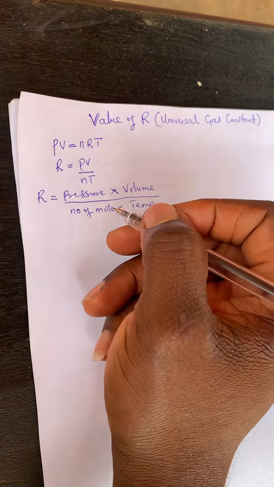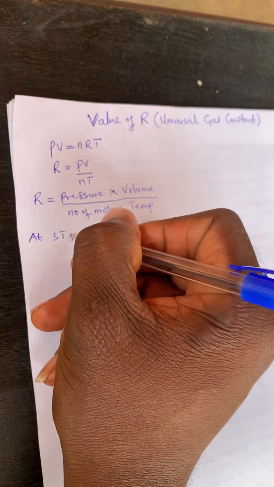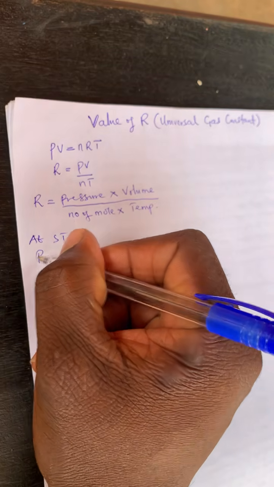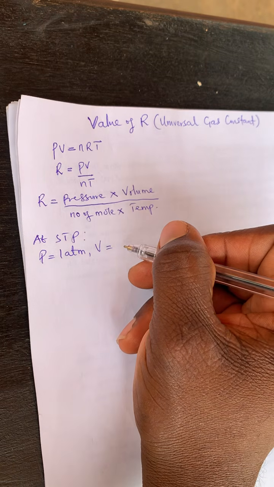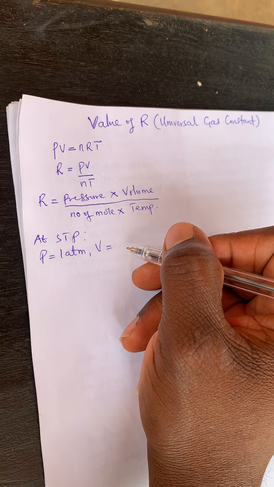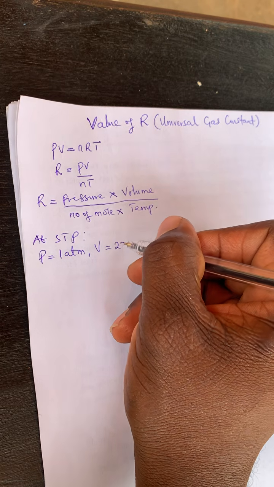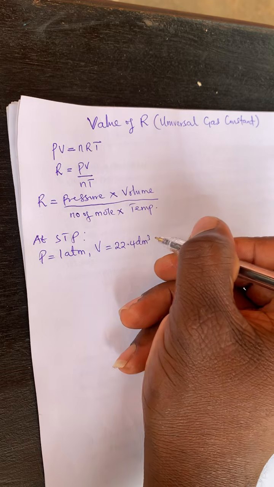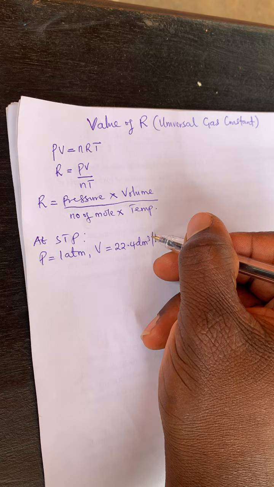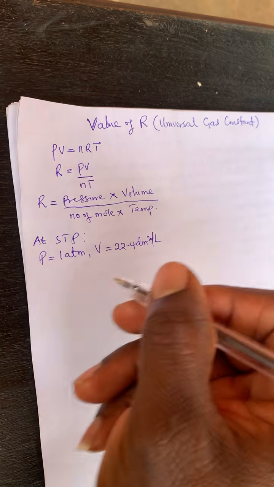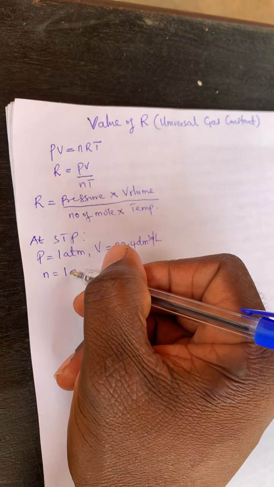Now at STP, under standard temperature and pressure, the pressure is 1 atm, the volume occupied by 1 mole of gas is a constant, 22.4 dm cube or 22.4 liters, and the number of moles is 1 mole.